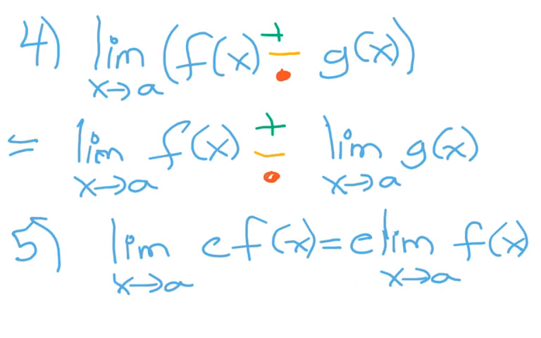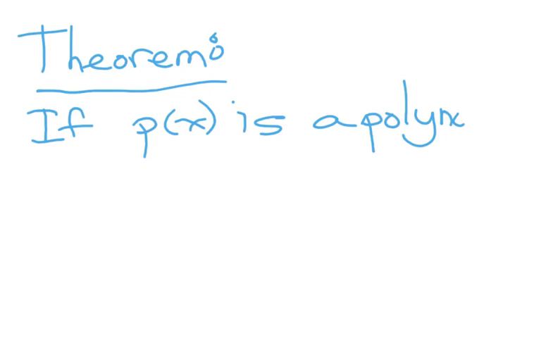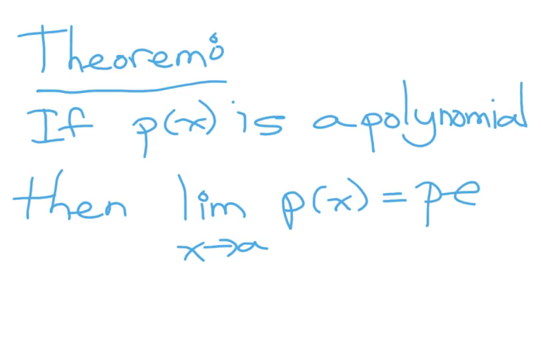So if we put all those things together, we get our first rule that says that if p of x is a polynomial, then the limit as x approaches a of p of x is equal to p of a.